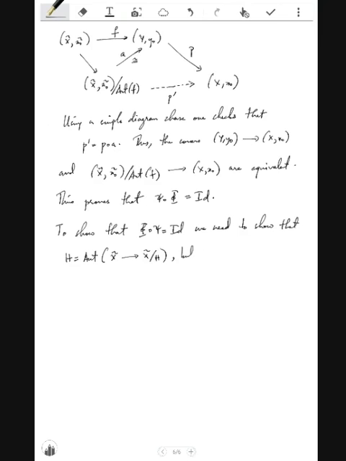But again, we had proved this result in the previous lecture. So this completes the proof of the theorem.